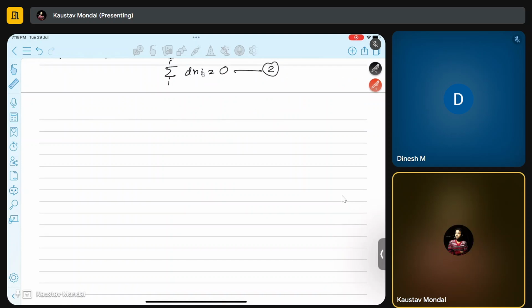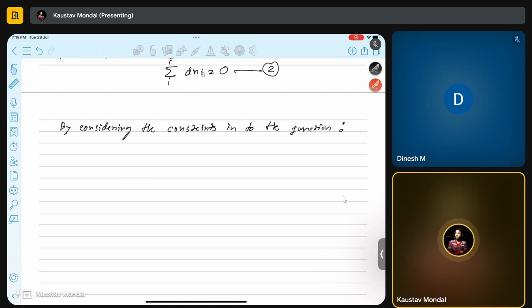Now, by considering the constraints in the function, we have to write it.